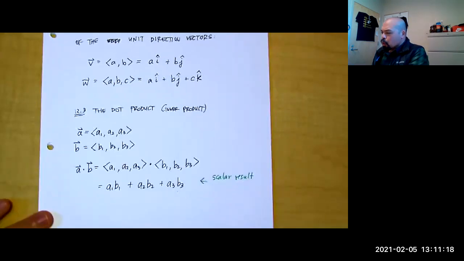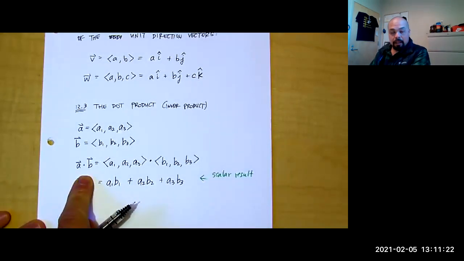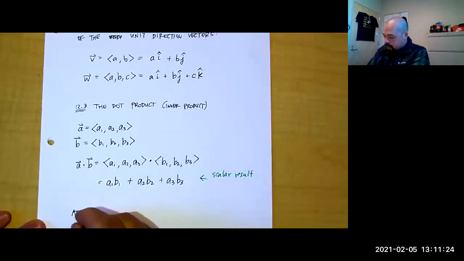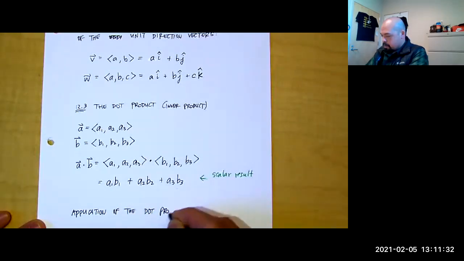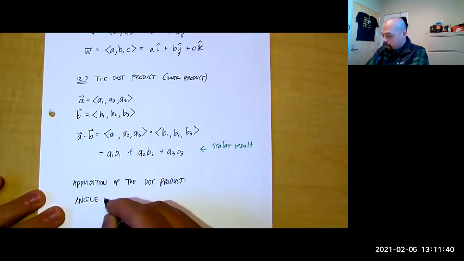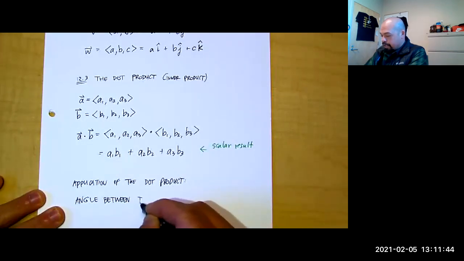And so we started to talk about an application, a use of that dot product: we're going to find the angle between 2 vectors.